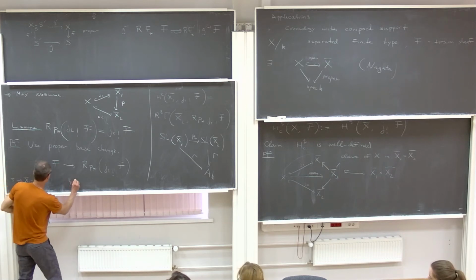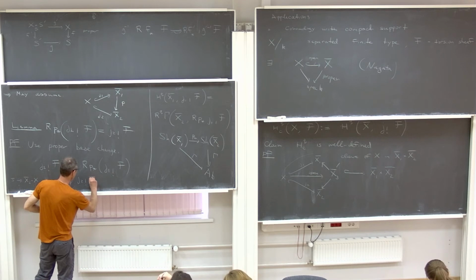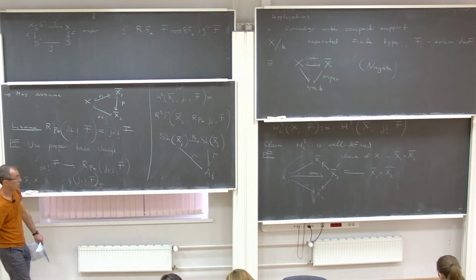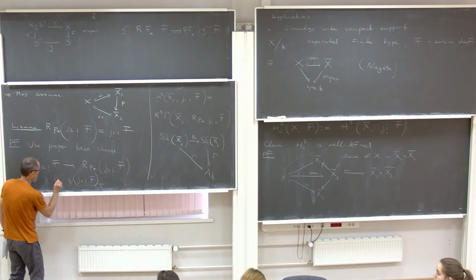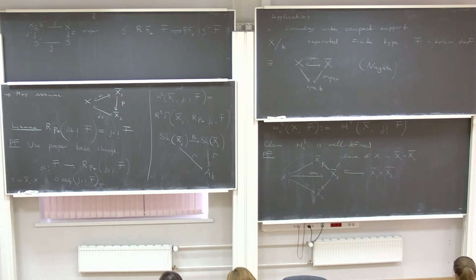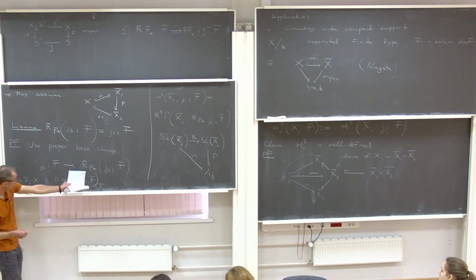Here I have J2 lower shriek of F, and I compute the stalk at this point. What do I get? 0, right? Because that's the extension by 0.